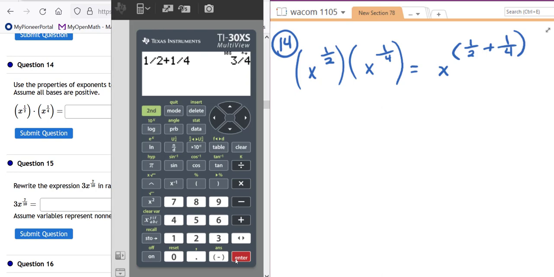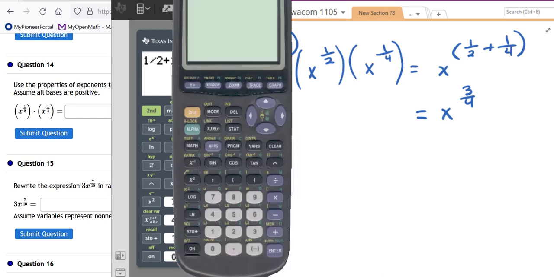All right, so I get x to the 3/4. Much faster than doing it by hand, where you have to get the common denominator. If you have a graphing calculator, you don't have a fraction button, you could enter this as 1 divided by 2, but put the entire thing in a parentheses.